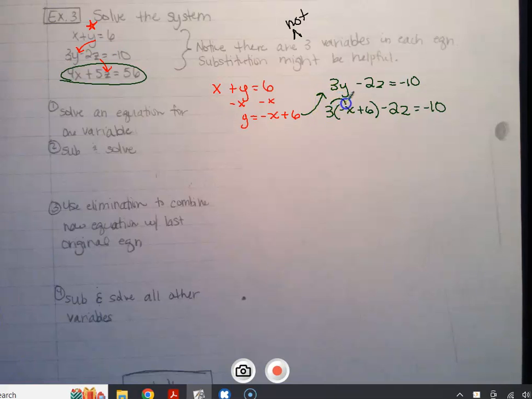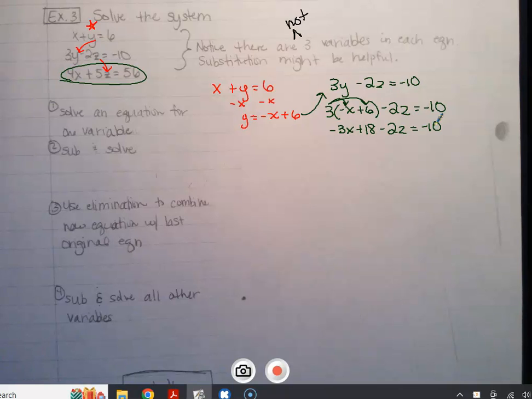So let's distribute here. 3 times negative x is negative 3x. 3 times 6 is positive 18, minus 2z equals negative 10. Oh, you forgot to distribute? Okay.